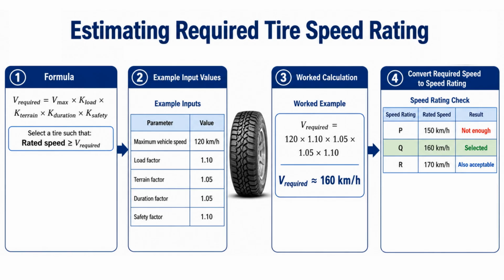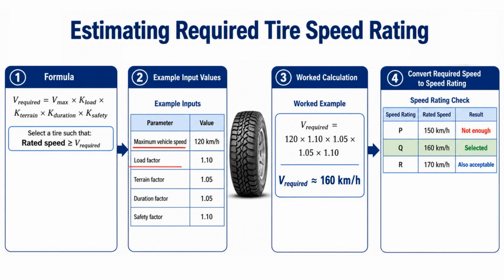This image shows a practical method for estimating the minimum tyre speed rating required for a vehicle. We begin with the vehicle's maximum intended speed and multiply it by adjustment factors for load, terrain, duration of operation, and safety. In this example, the maximum vehicle speed is 120 km per hour.